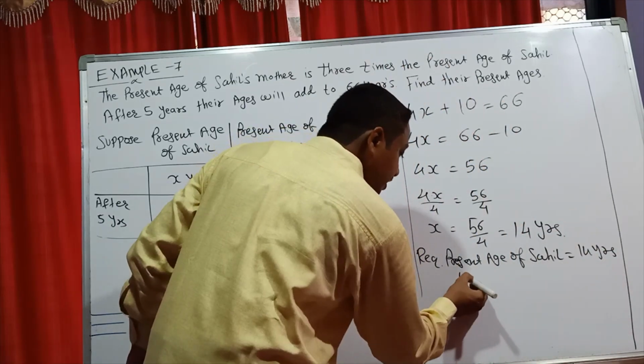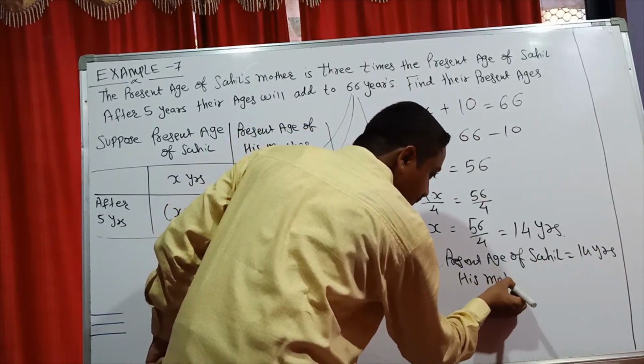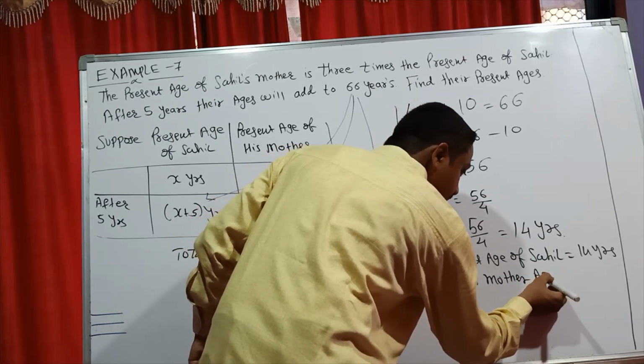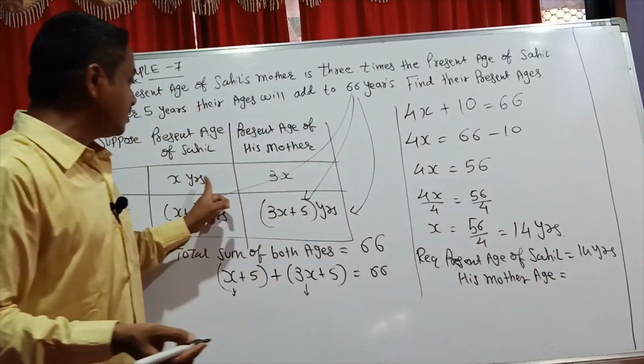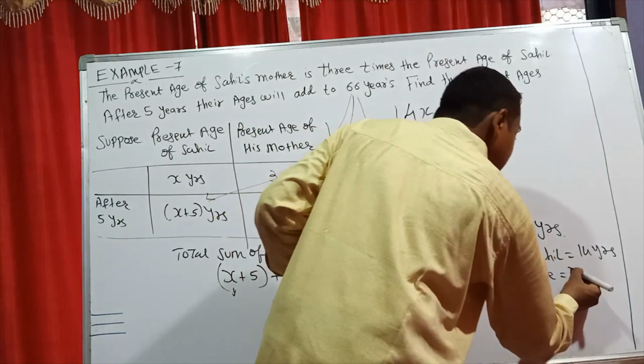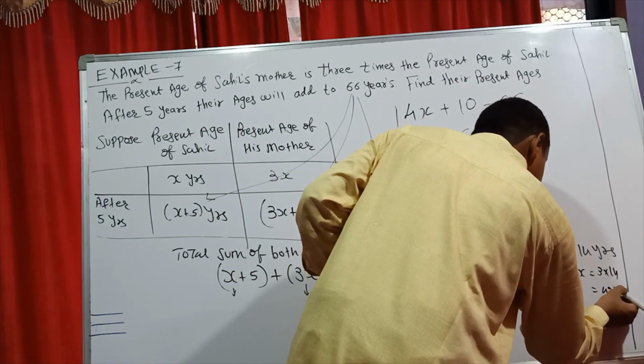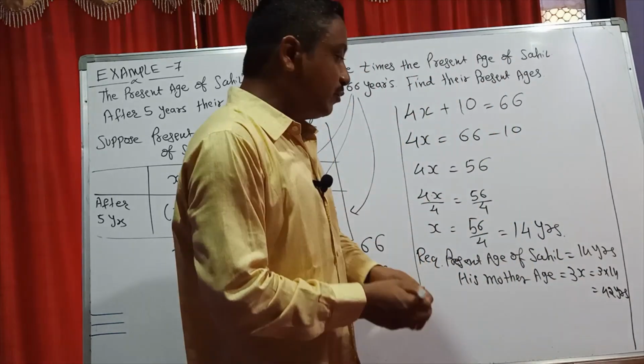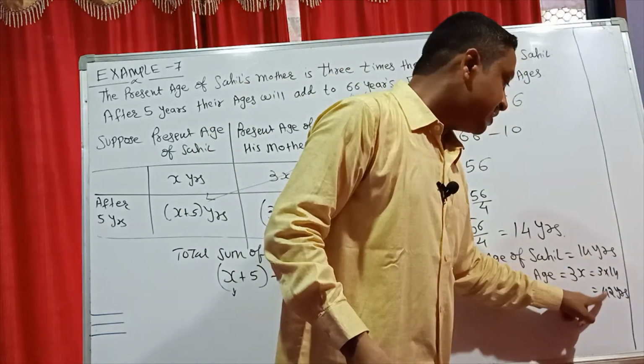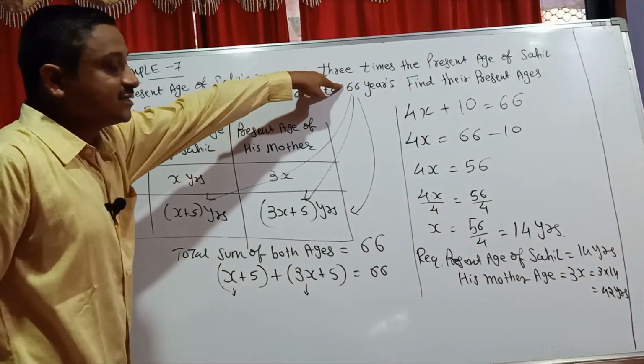And his mother's present age is 3x, so you just write down 3 into 14, which is 42 years. You just verify. How much is 42 plus 14? Yes, it gets total 66.